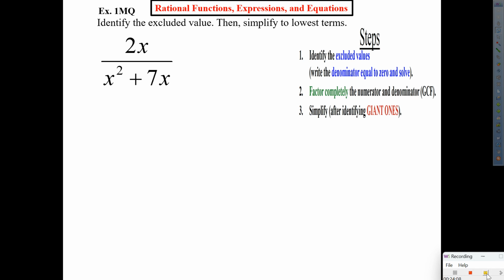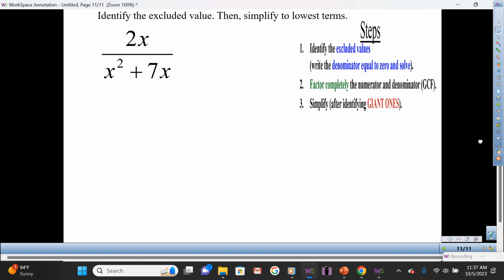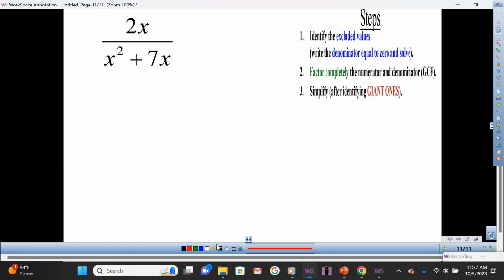Copy and go. All right, we're going to go back there to the back. I'm going to pick someone from the back. Excluded value. Tell me what to write, please, to get started. Trinity, tell me what to write.